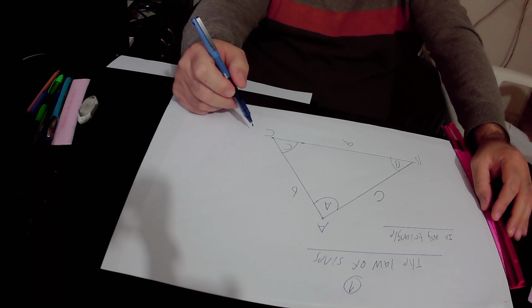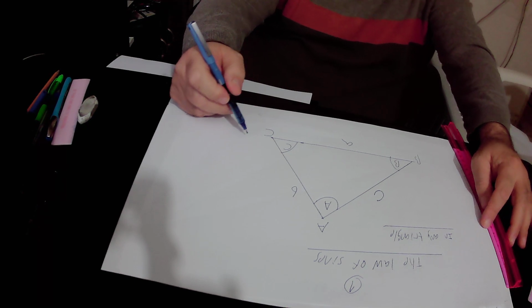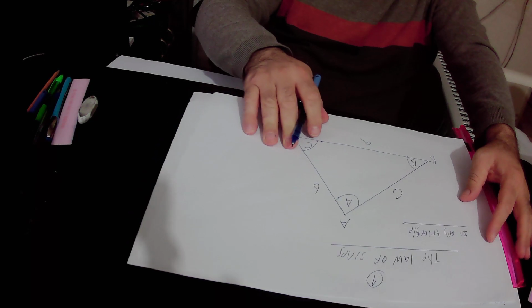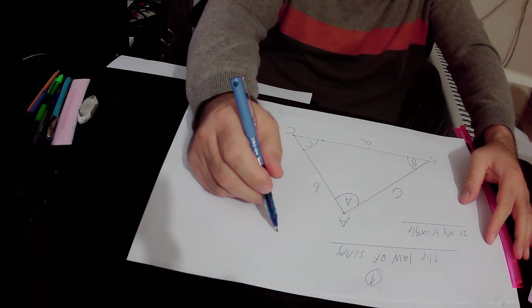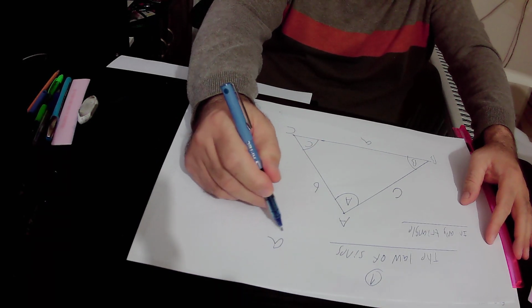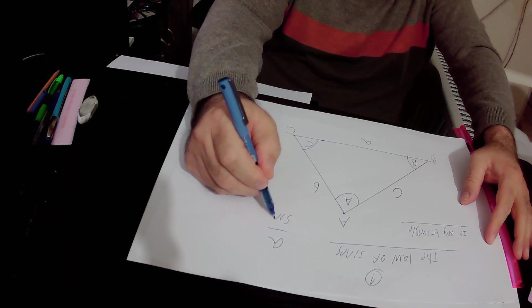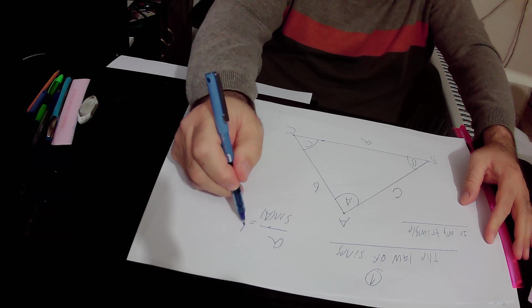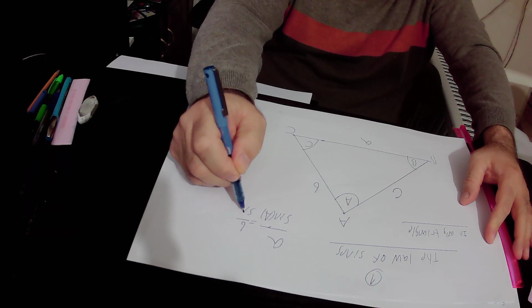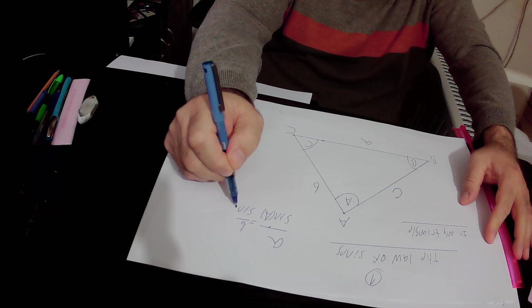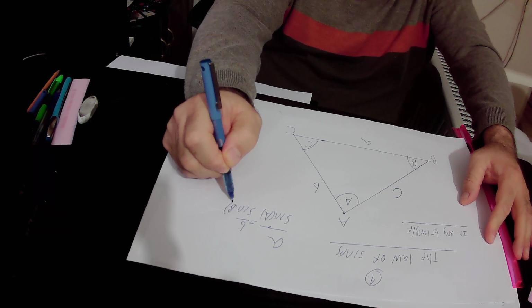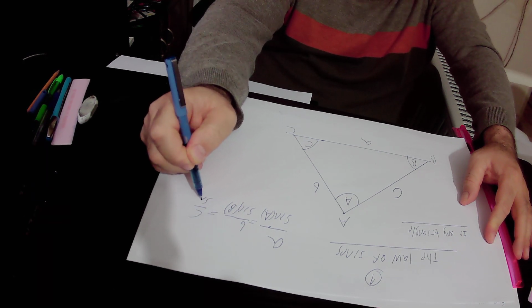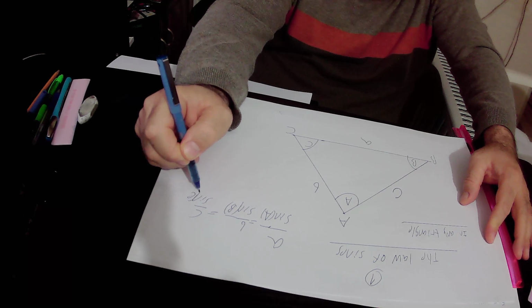Then, according to the law of sines, A over sine A equals B over sine B, and it equals C over sine C, and it is true in any triangle.